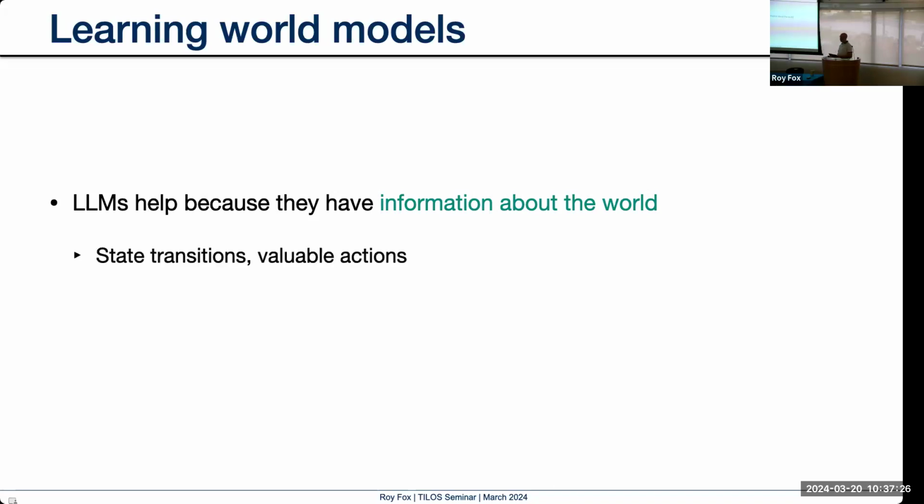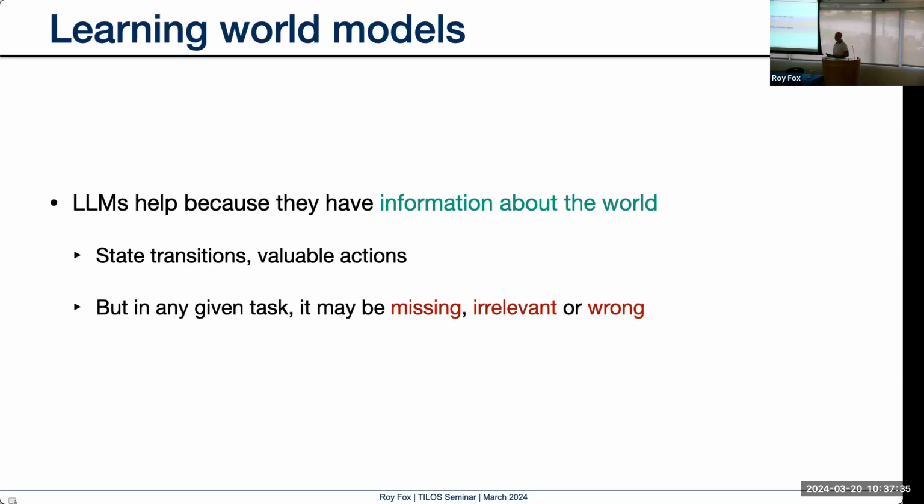Well, they carry information about the world. That's why they're useful, right? They carry information about state transitions and valuable actions, what are the valuable actions, right? We saw how we might go about extracting that information, but that might not be enough. So that information is not specific for the task. There may be information missing that we need for the task if it's not there. We won't ever have said anything about it on the web.